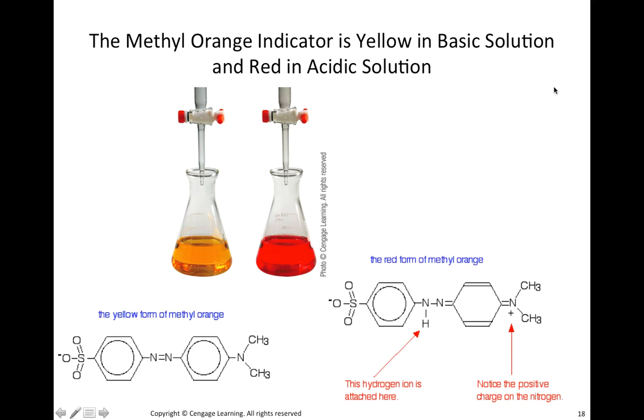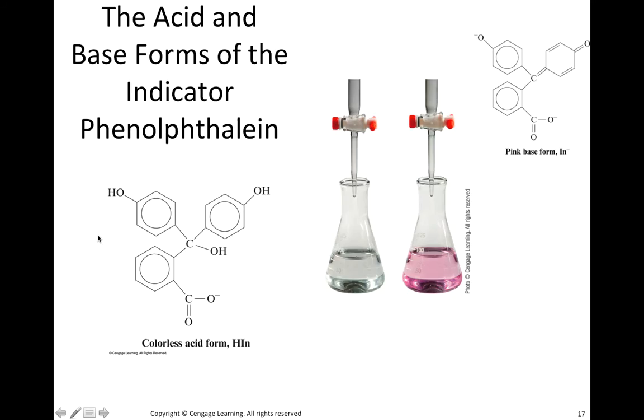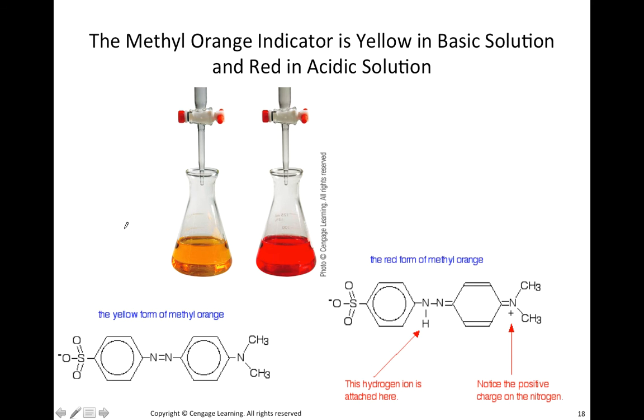Okay, here's another indicator dye. We've got methyl orange. Methyl orange goes from yellow to orange to red. So we've got a yellow form of methyl orange and a red form of methyl orange. So we've got a hydrogen ion attached right here, and then this nitrogen has a positive charge.